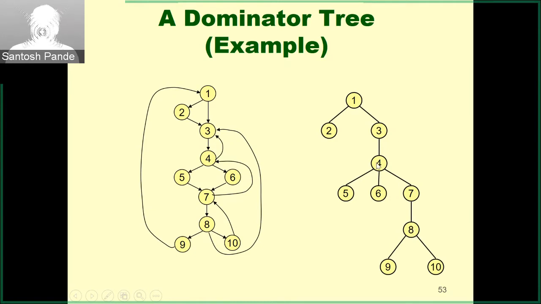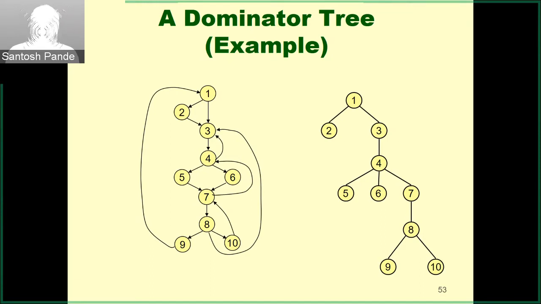So in short, 4 is also dominating 8. 4 is dominating 9, 4 is dominating 10, all these kinds of stuff is there. So if I want to find out who all 4 is dominating, I will have to take all this tree which is rooted at 4. And using that, then I can try and find out all the nodes which are dominated by 4.